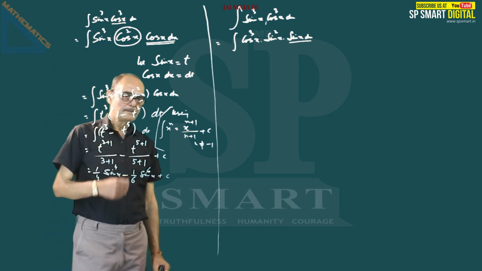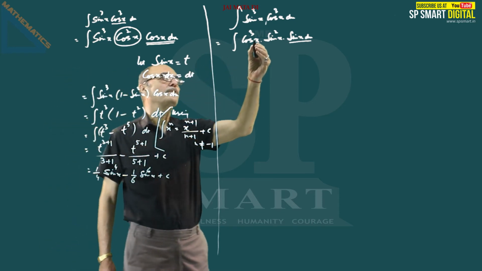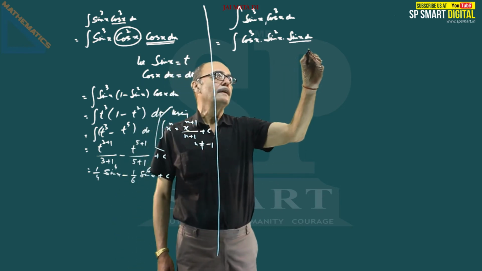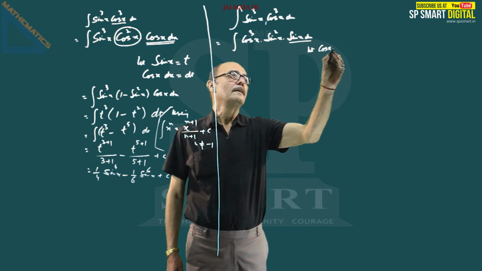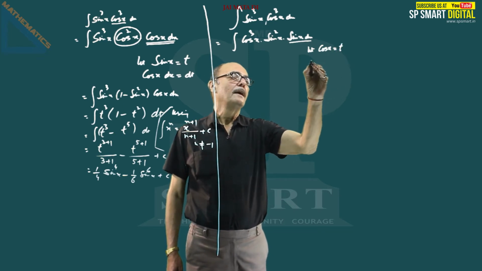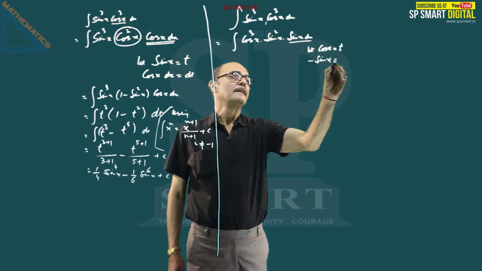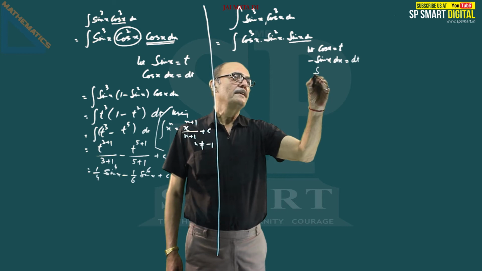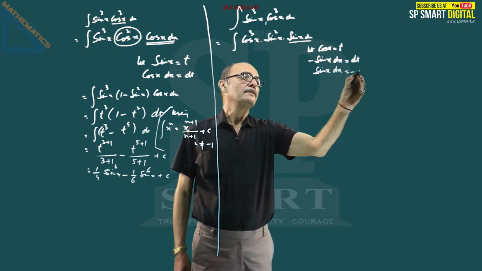Now, in this case, sin cube x cos cube x, we make the substitution here, let cos x equal to t and minus sin x dx equal to dt, or sin x dx equals minus dt.